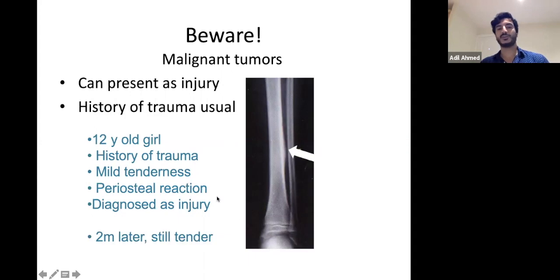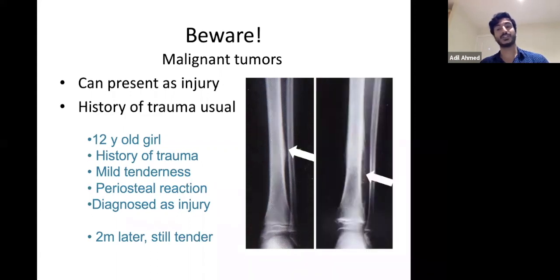You can see in this 12-year-old girl, she had a history of trauma. Everyone kind of brushed it off. It was diagnosed as a soft tissue injury, nothing really obvious on the X-ray, no broken bone, so it's all good. But actually 2 months on she was still complaining of pain, and you can see now there's significant periosteal reaction.